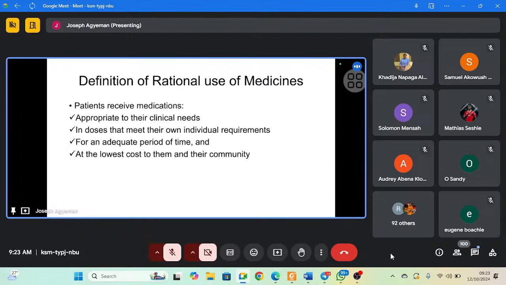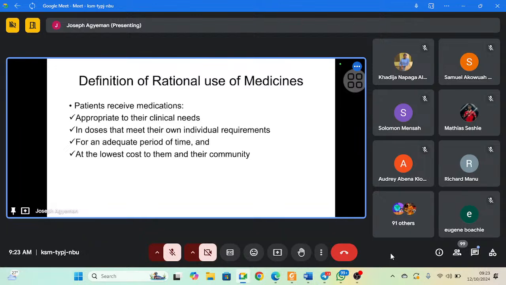How long is the person going to use this medication? Is it 3 days? Is it 5 days? Is it 2 months? Is it 6 months? The duration should also be adequate. If you are taking an antibiotic or an anti-malaria, for example the ACTs, and it's supposed to be 3 days, you don't take it for 2 days or 5 days. The duration of therapy should also be appropriate or adequate.